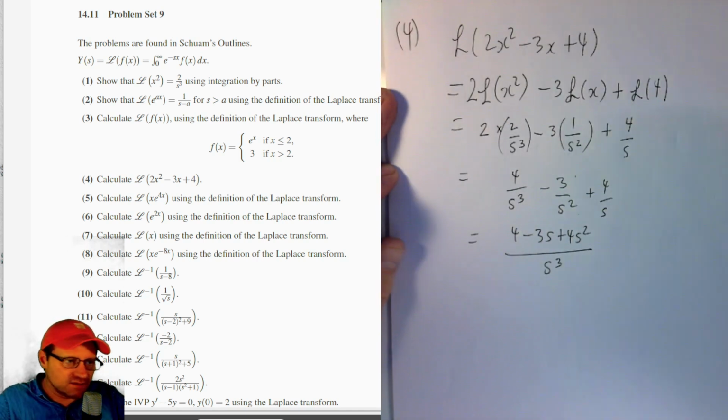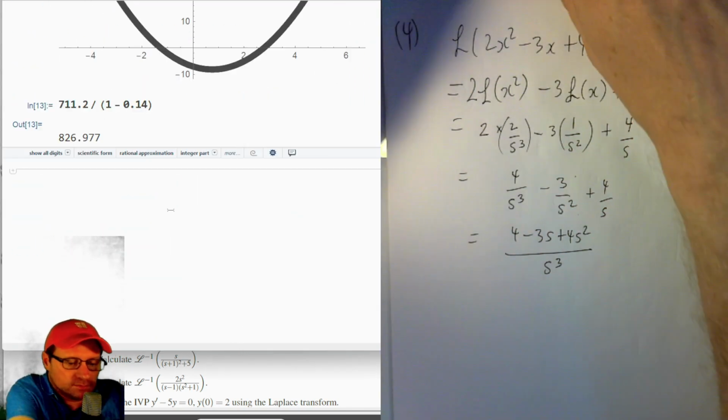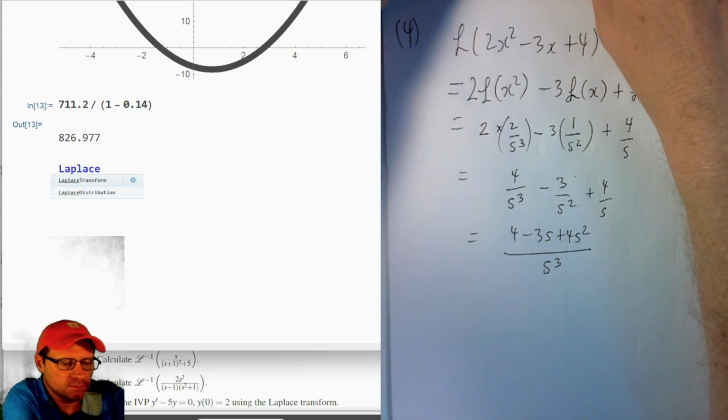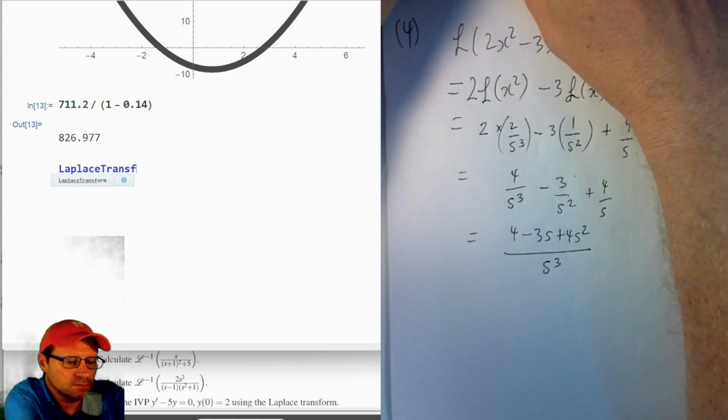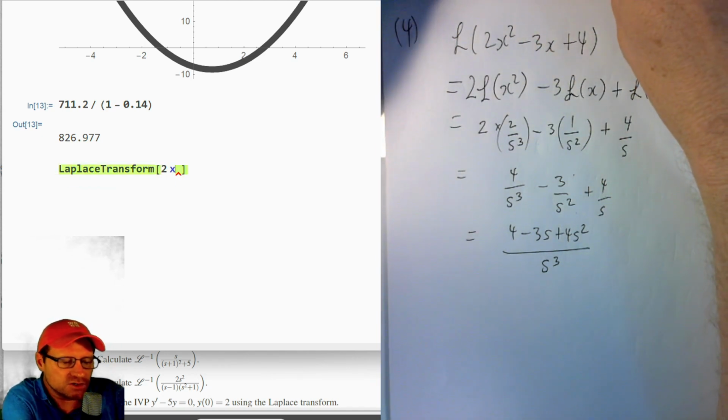Okay, and I want to take this opportunity to open up Mathematica with you and show you how we can verify the Laplace transform of a function.